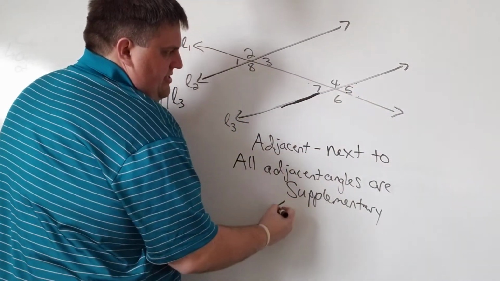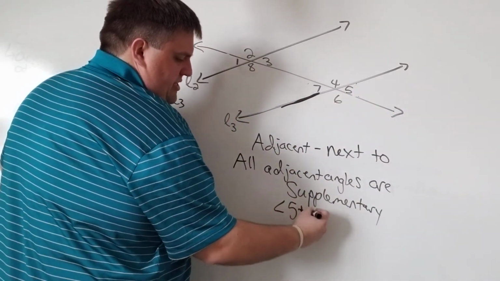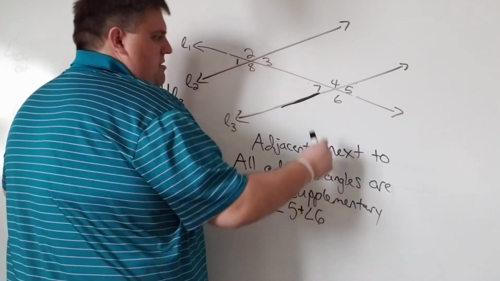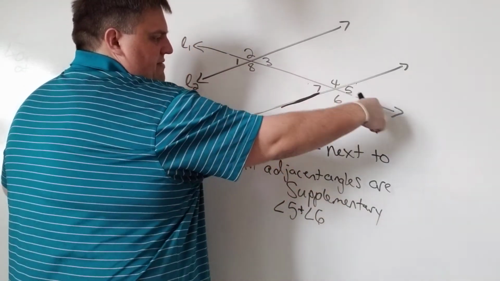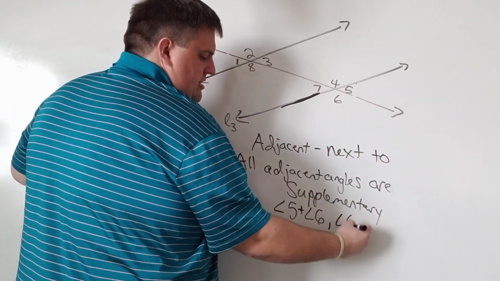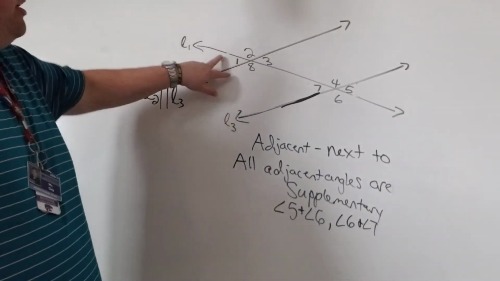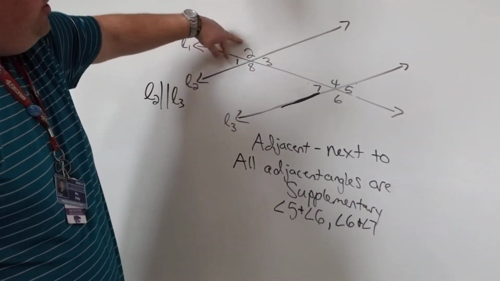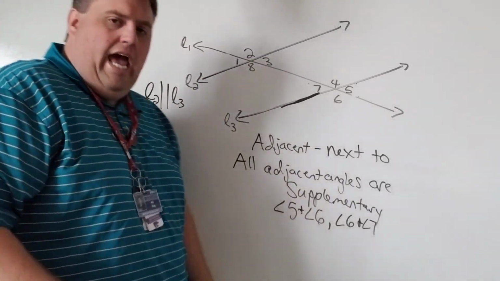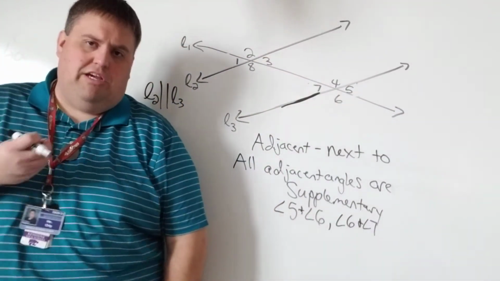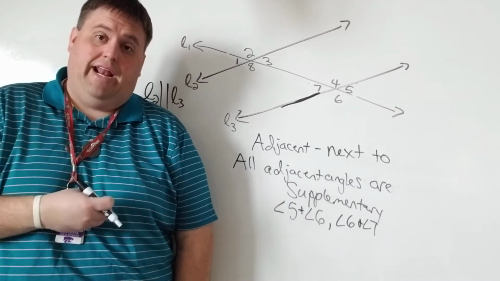Angle 5 and angle 6, but also angle 6 and angle 7 make a straight line. So every single set of angles that are next to each other are always going to add up to 180 degrees because they always make a straight line, like we talked about on Friday.